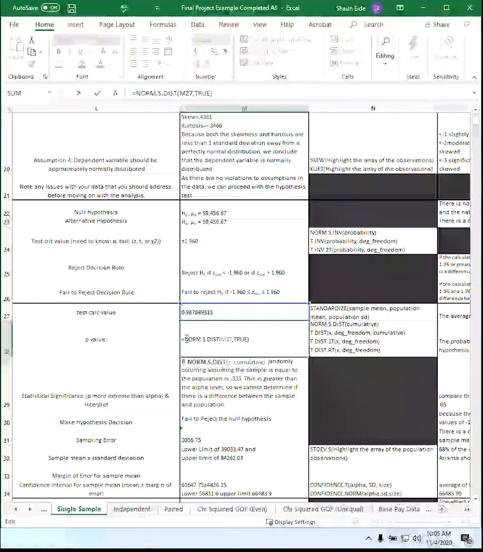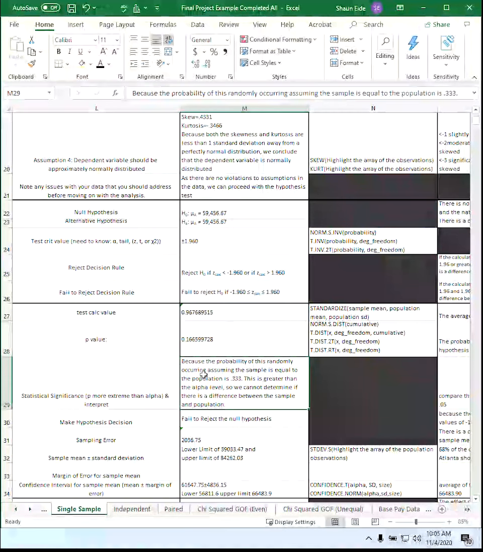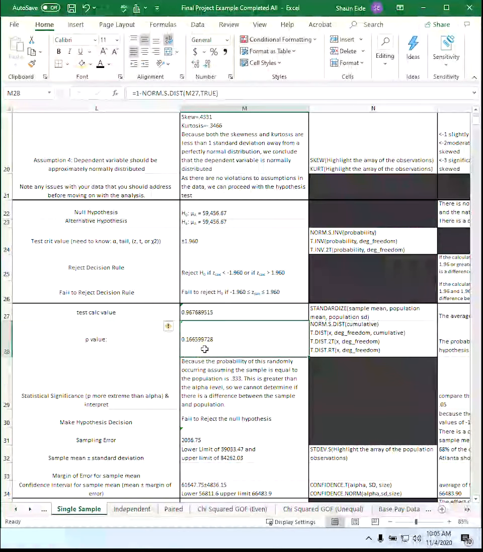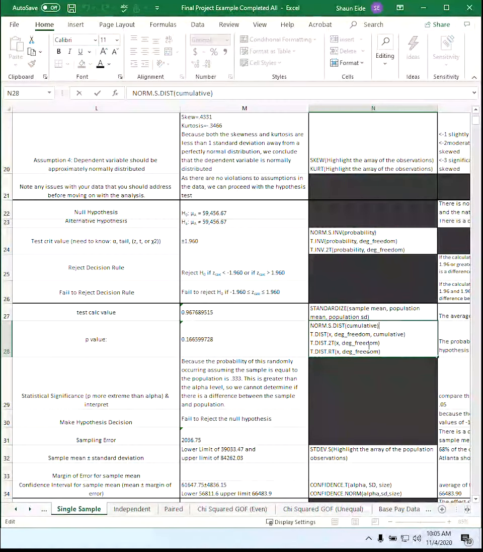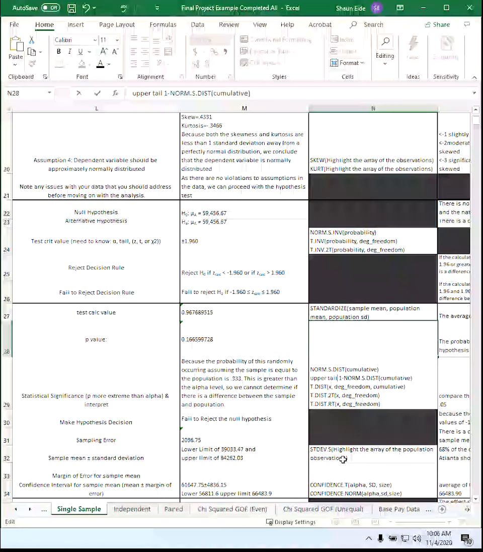So if you were conducting an upper tail test, you would do 1 minus the NORM.S.DIST, okay, and that would give you the probability for an upper tail test. So for upper tail, and I really should put this in here, do 1 minus NORM.S.DIST cumulative.